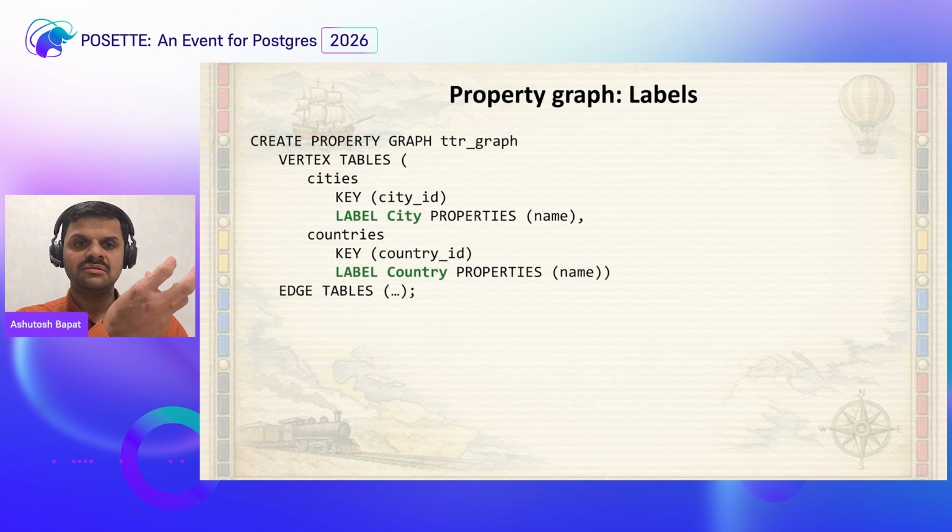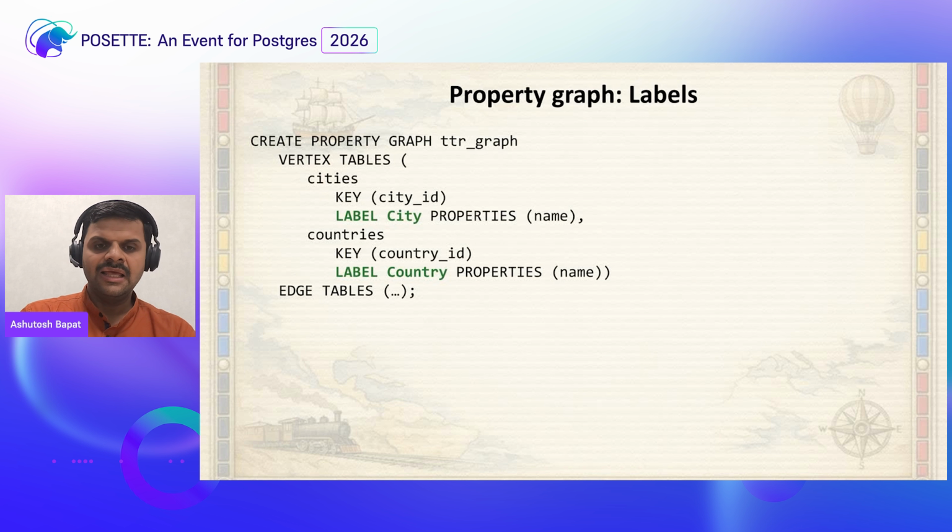So all the rows in the cities table belong to class city. All the rows in the countries table belong to class country. And each of them has only one property, named name, associated with them, which corresponds to the respective column in the respective tables. That's about the vertex tables.